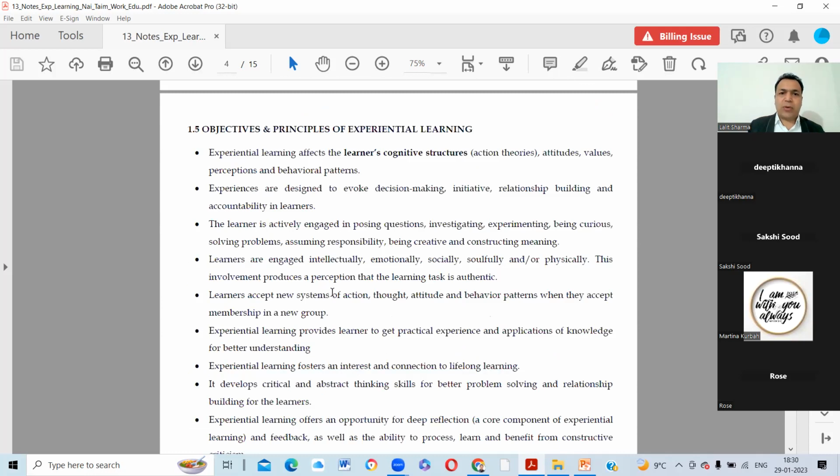Now what are the objectives of experiential learning? It is to make the students learn through activities. This is the purpose of experiential learning. In a simple sense, guys, how do you have to teach your students? You have to teach your students with activities.